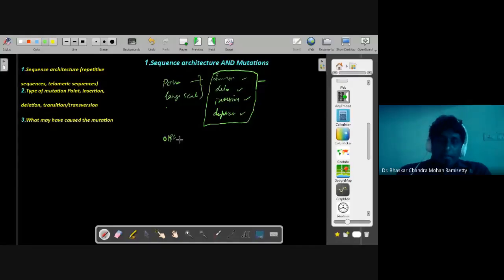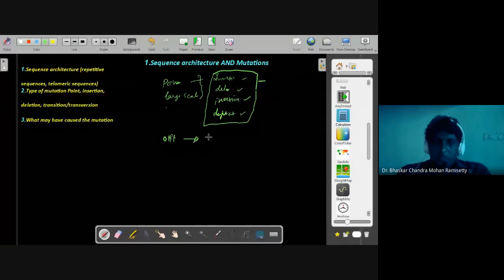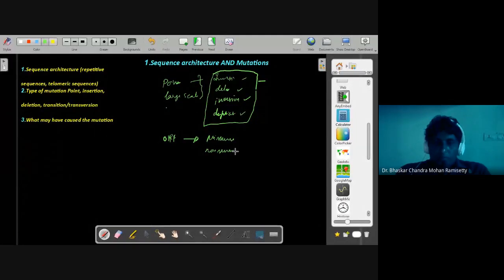That is, you see it at the level of the ORF, and in that, you can have missense mutation and nonsense mutation. And there is one more important one, the frameshift mutation.